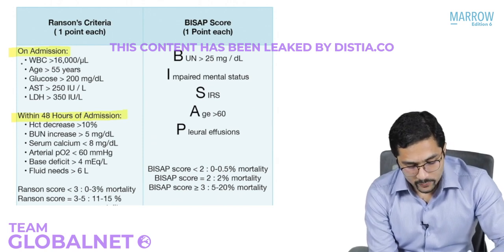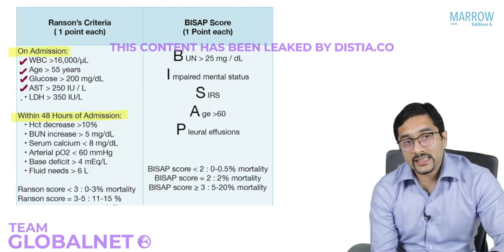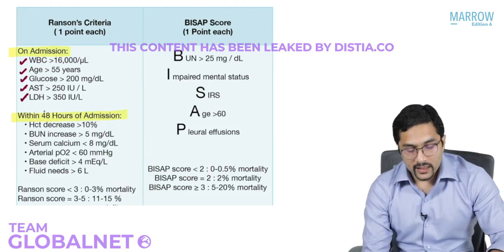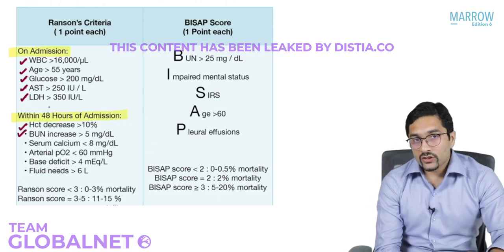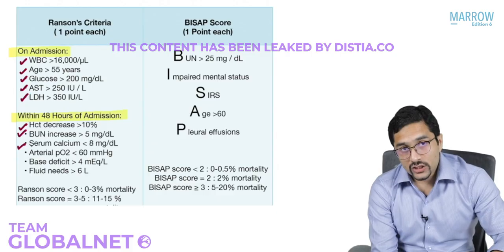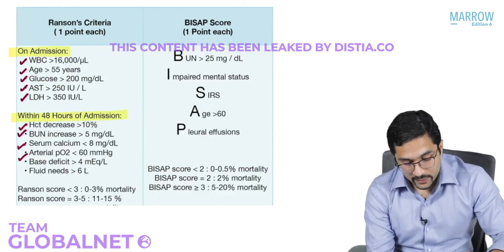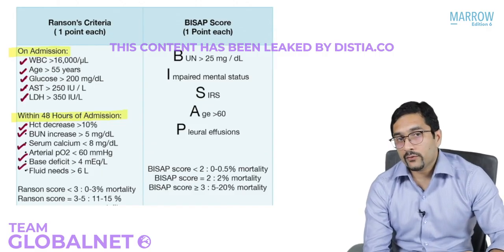So this includes WBC more than 16,000, age more than 55, blood glucose more than 200, AST more than 250, and LDH more than 350. After 48 hours, a decrease in hematocrit by 10%, blood urea nitrogen increased by 5, calcium hypocalcemia, I told you, less than 8, this can occur, PO2 less than 60, base deficit more than 4.